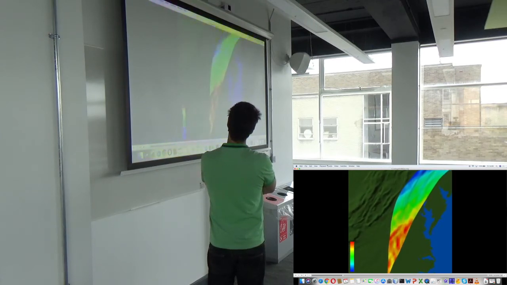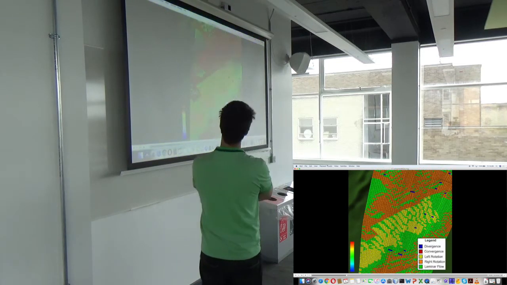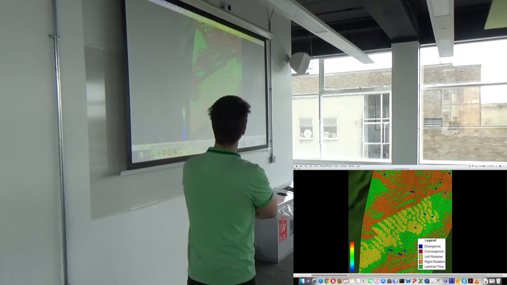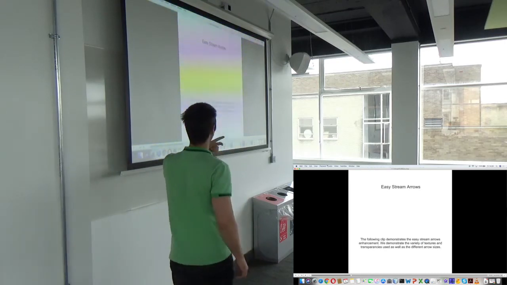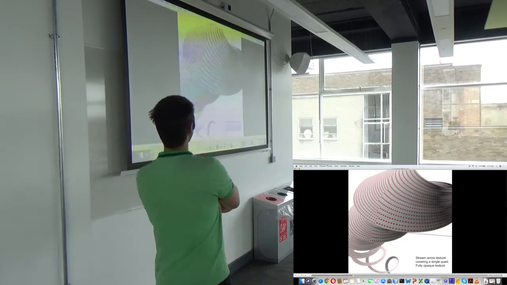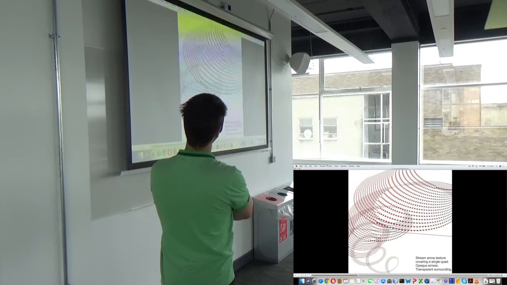This is the color map by velocity magnitude again. Those are the underlying quads and their different properties like divergence, convergence, left rotation, right rotation. This is texture mapping the stream surface with arrows to show the downstream direction.